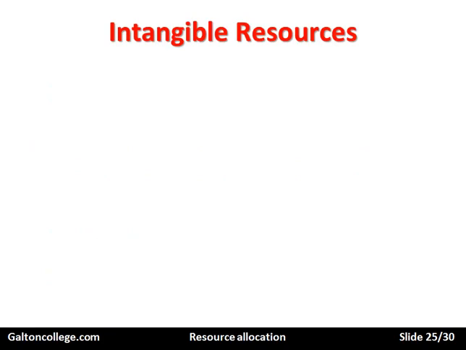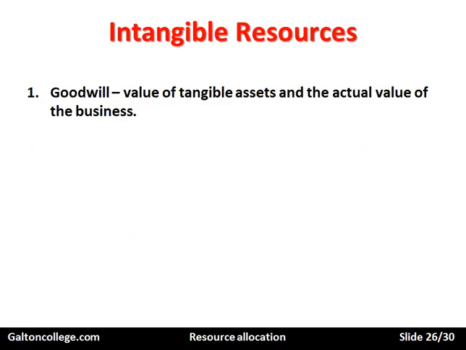The intangible resources. Well, goodwill, and it's the value of intangible assets and the actual value of the business. So sometimes when a business is valued, you can count up the value of the machinery, the equipment, the office equipment, the premises themselves, perhaps any cars or lorries or whatever.